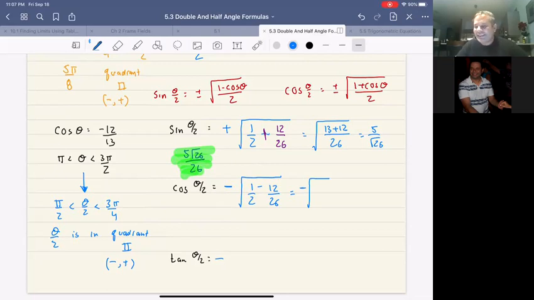No, it's not that. We've got to do 13 minus 12, common denominators. I guess I shouldn't be doing math at 11 o'clock at night. So that equals, well, that's just going to equal square root of 26/26 with a negative sign.